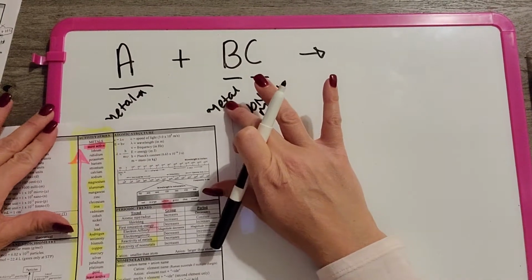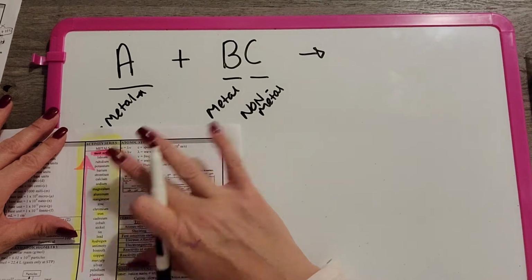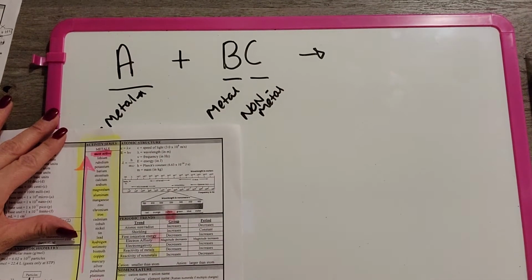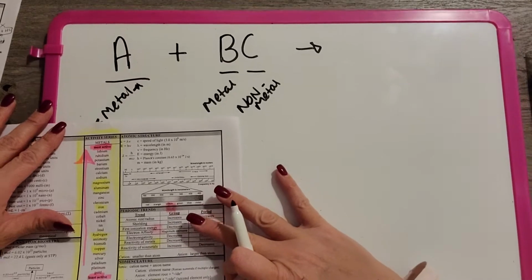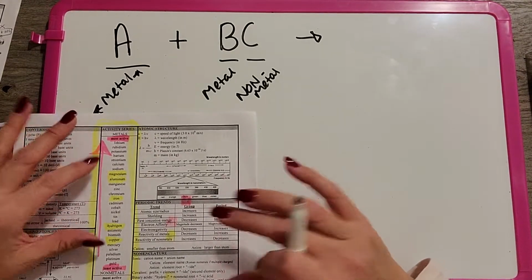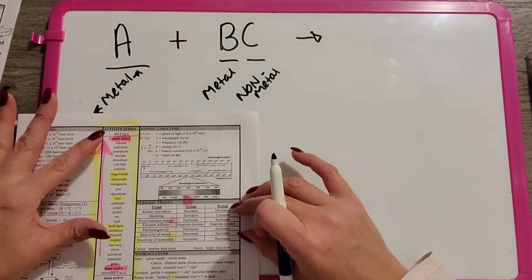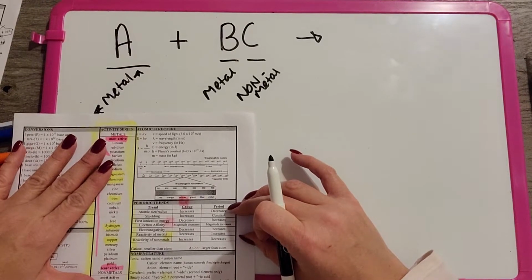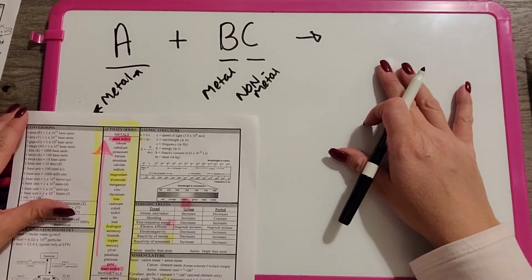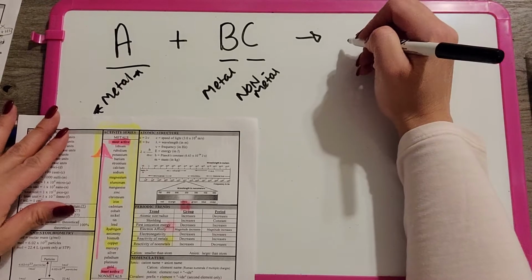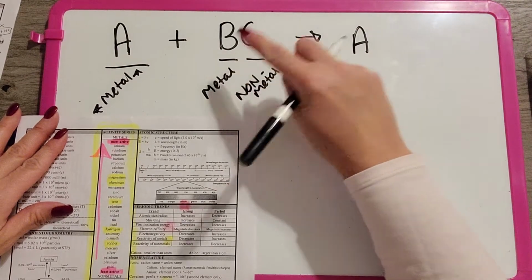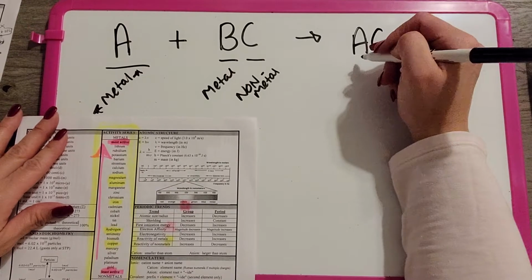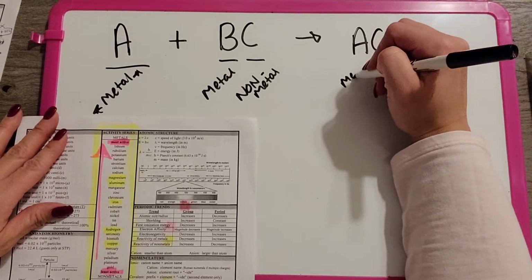If metal B is higher up on the list, then no reaction will happen. Non-metal doesn't really matter in this case. So we're looking to compare two different metals to see where they are on this list, to see if this is going to happen or not. And if it does happen, metal A is going to replace metal B and be in the compound.